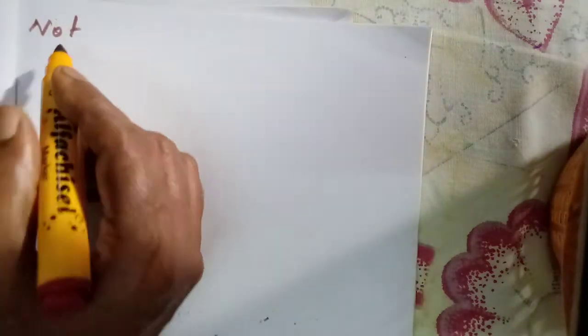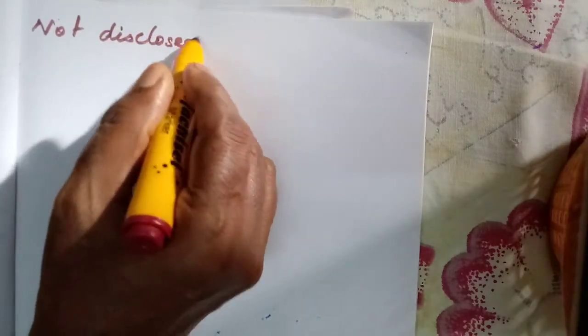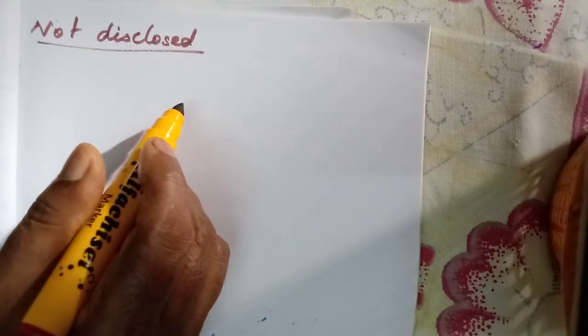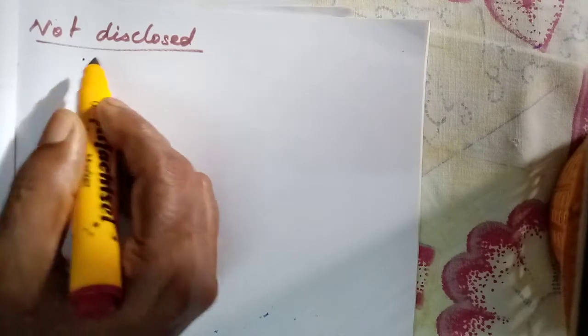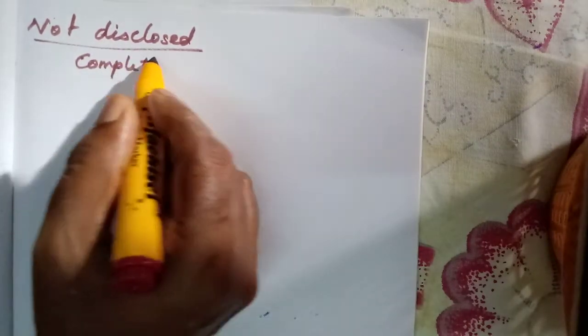Next we will see errors that are not disclosed by the trial balance. Here, complete omission of a transaction.